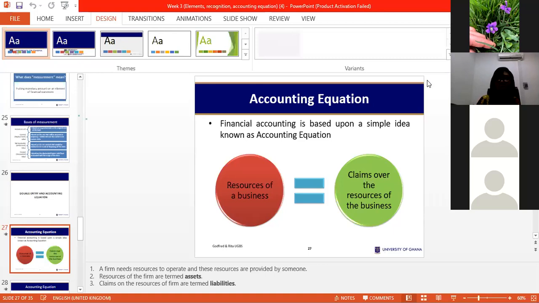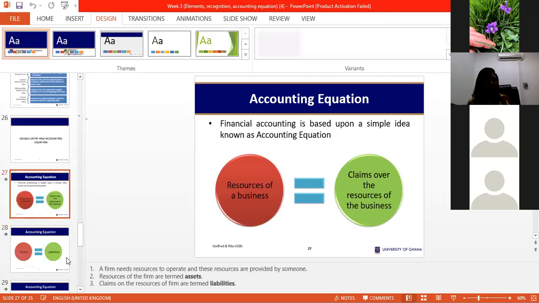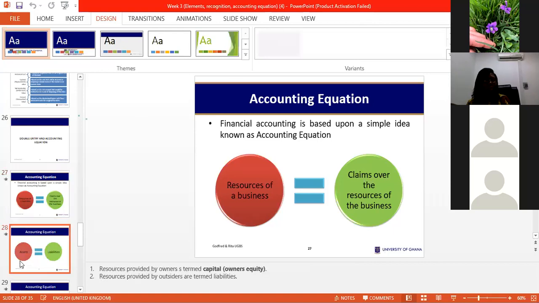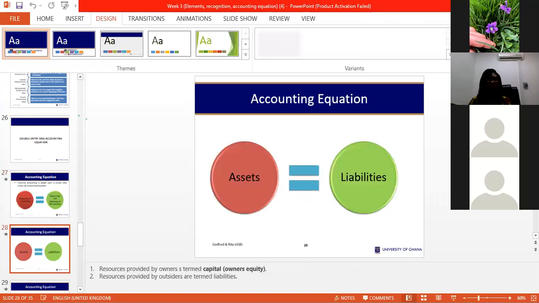It is people who do it. So people have claims over those resources. Okay. So the resources of a business are termed as assets. People who claim the resources of those business can be termed as liability. So that is another term we can use. So the resources of the business are known as assets.